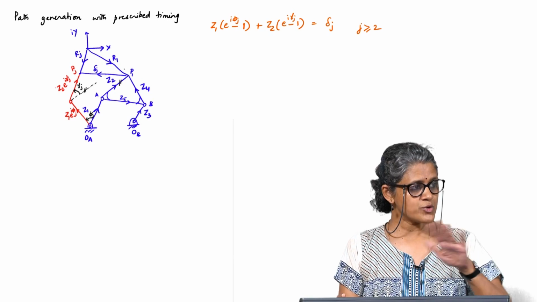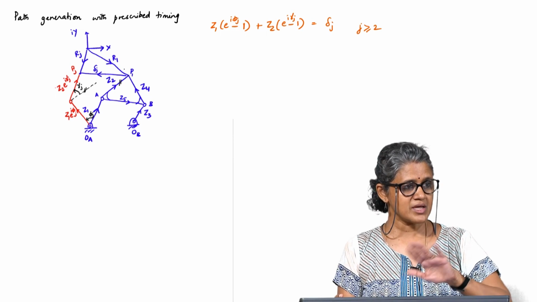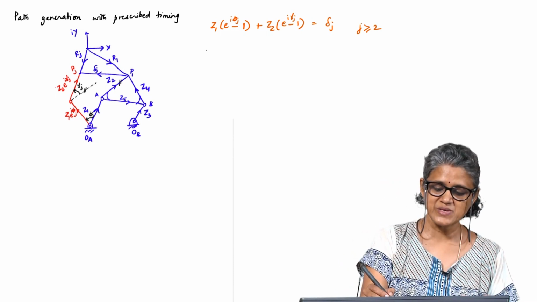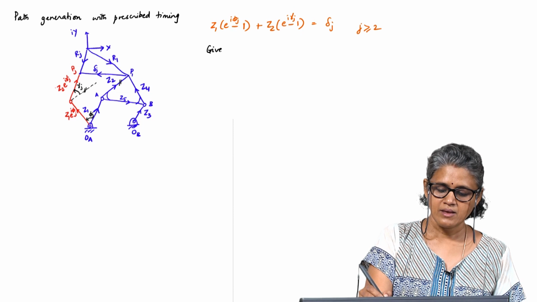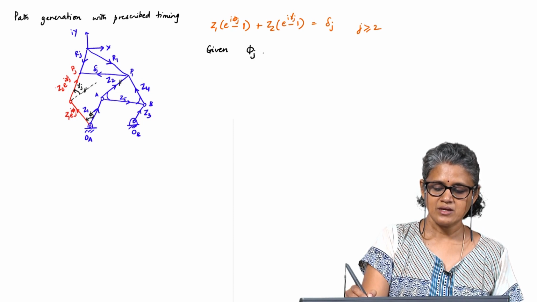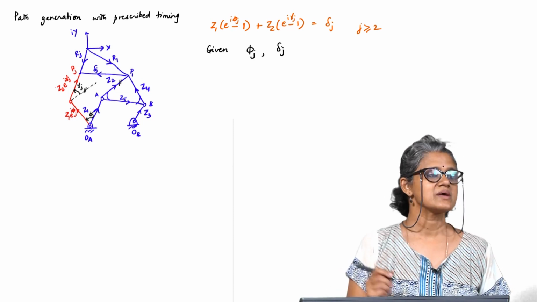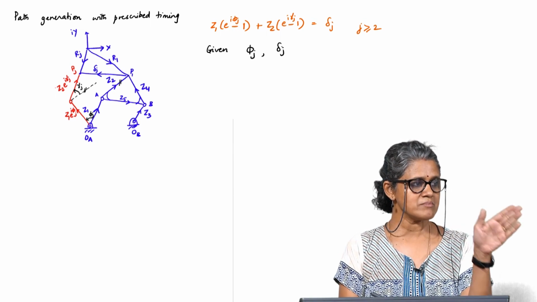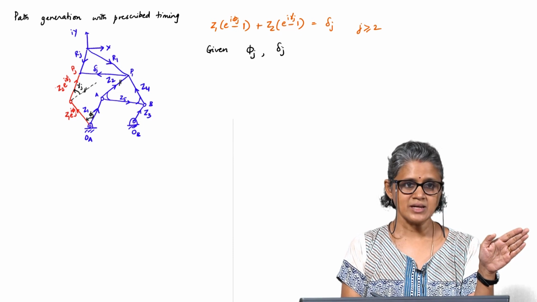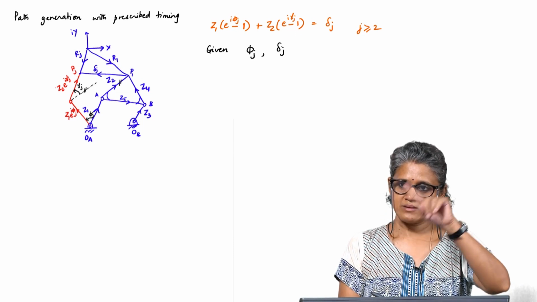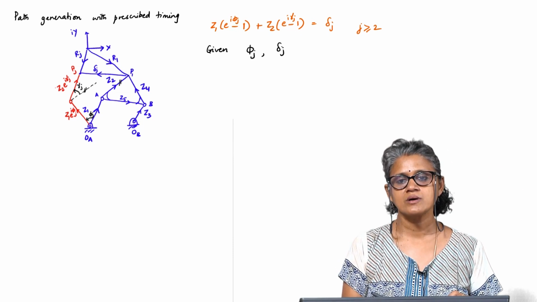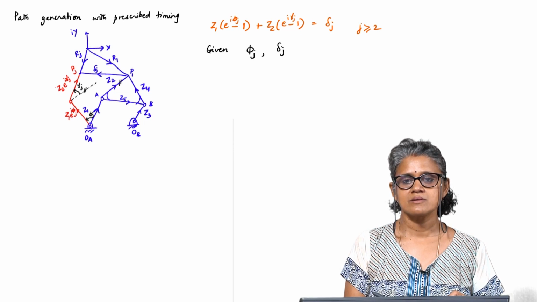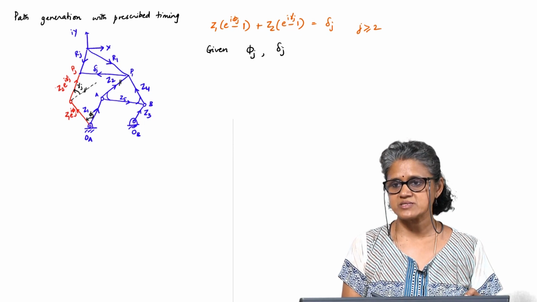With prescribed input timing means given phi j, you have a corresponding delta j. Okay. Every time the input link moves through a certain angle, the path point should undergo a certain displacement.